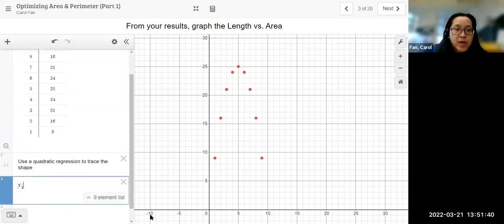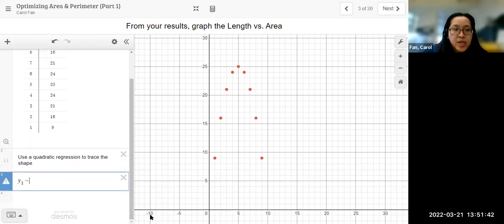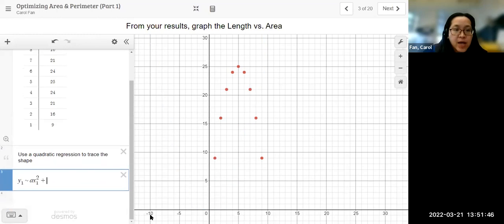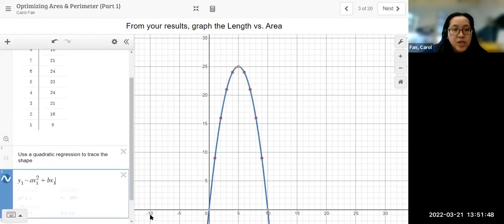So we have y1 is equal to ax1 squared plus bx1 plus c. Now the r squared is 1, so I know that this is exactly following the graph, and this is definitely a quadratic relation.